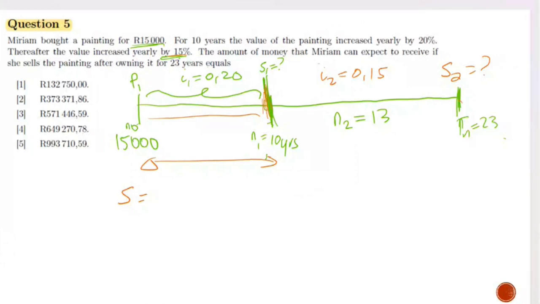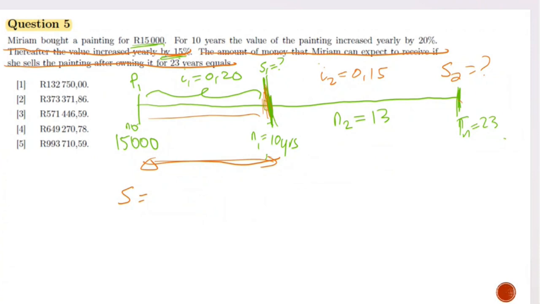All right, let's focus only on this period. Let's assume that we don't know this other information. The question is saying Miriam bought a painting for 15,000, and for 10 years the value of the painting increased yearly.